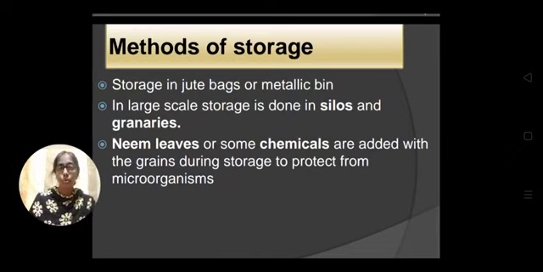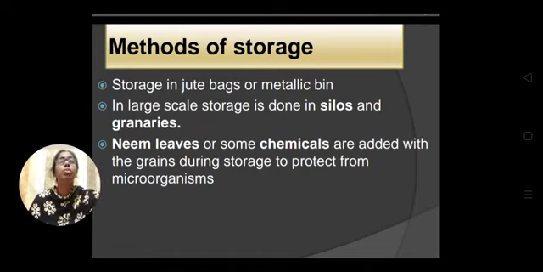There are godowns, and in the godowns the grains or the seeds in big jute bags are stored after treatment with chemicals, and sometimes they are treated with neem leaves and other things to protect them from microorganisms.